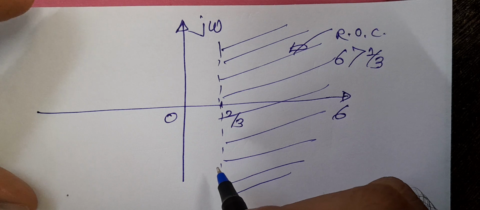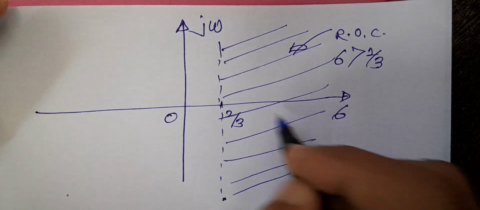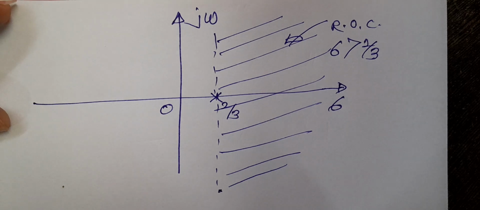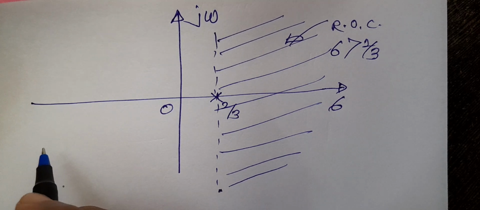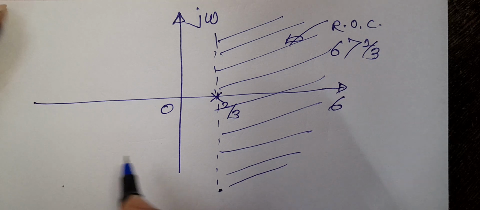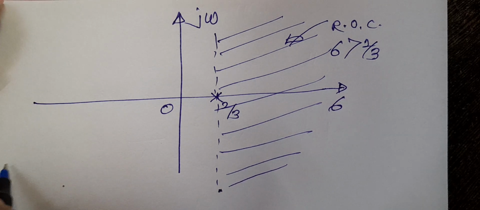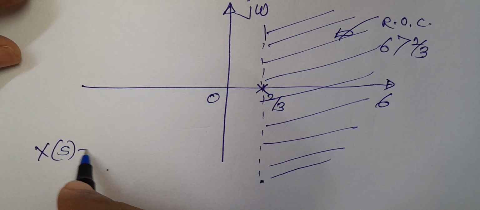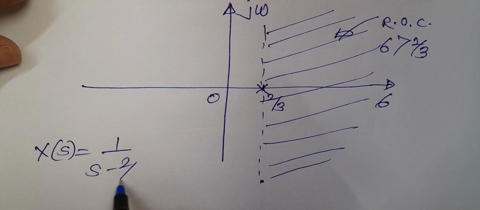So this is one pole. Because the Laplace transform we have got is X of s equal to 1 over s minus 2 by 3.